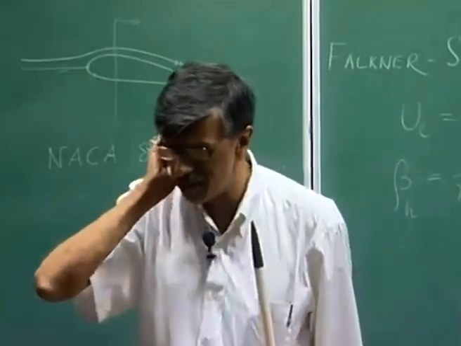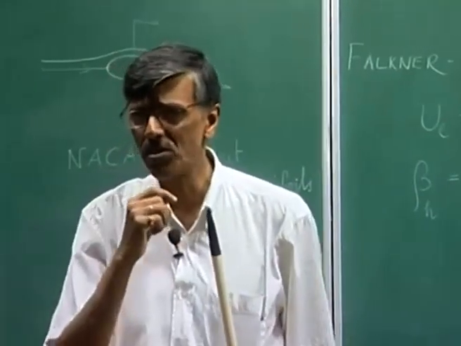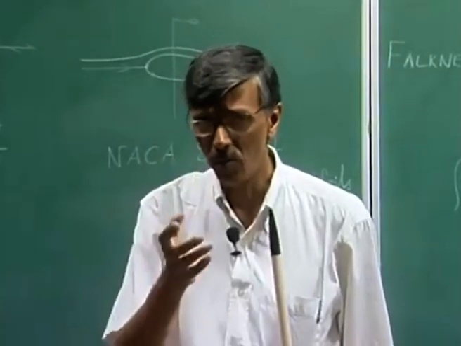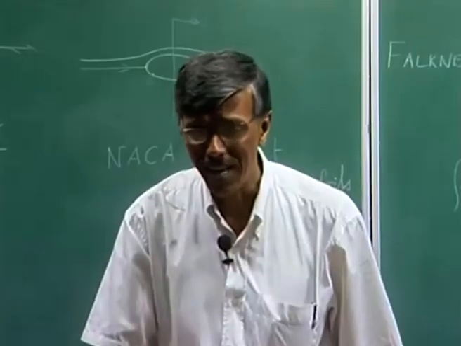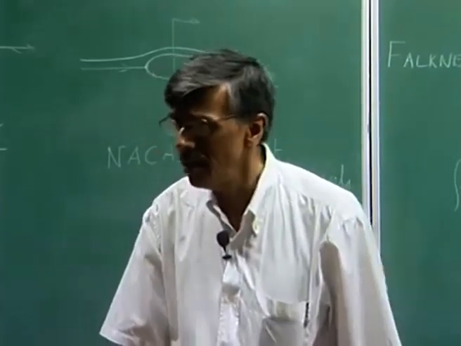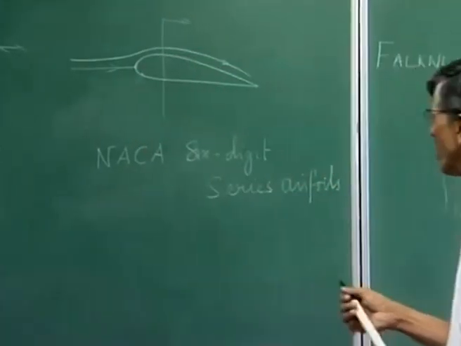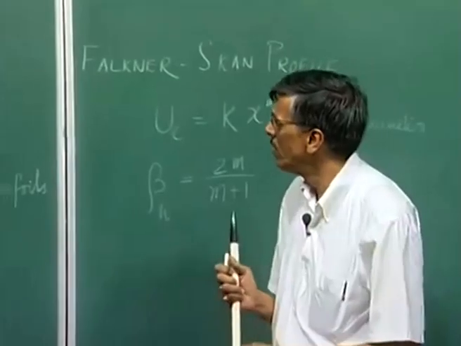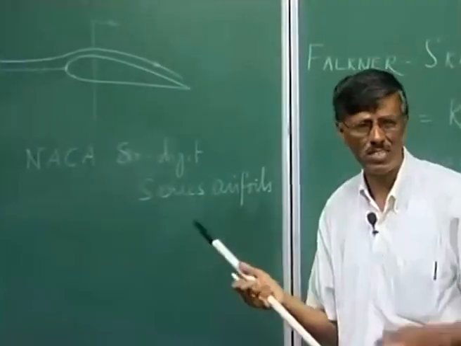In fact, those pictures that we saw of the Honda Jet, which I said uses natural laminar flow aerofoil, there also you would notice that the maximum thickness point is located further back, whereas the 6-digit series are a little earlier.